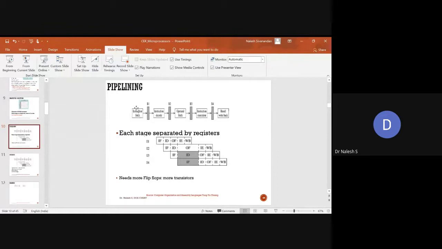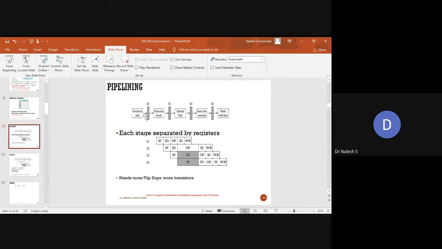So you have all these stages, and you introduce buffers, registers, or flip-flops in between these stages so that when one stage is completed and data moves to the next stage, the previous stage can operate on different data. As you know, registers or flip-flops sample data only during the clock edges. Whatever happens in between the clock edges, nothing happens.